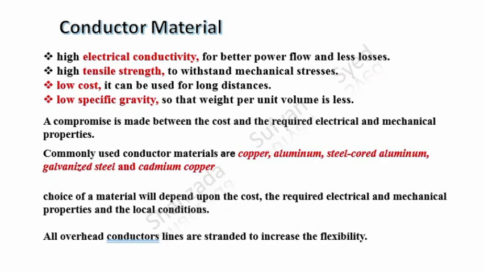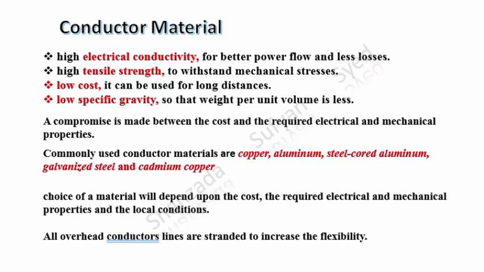Some commonly used conductor materials are copper, aluminium, steel cored aluminium, and galvanized steel. The choice of the material will depend upon the cost, the required electrical and mechanical properties, and the local conditions.